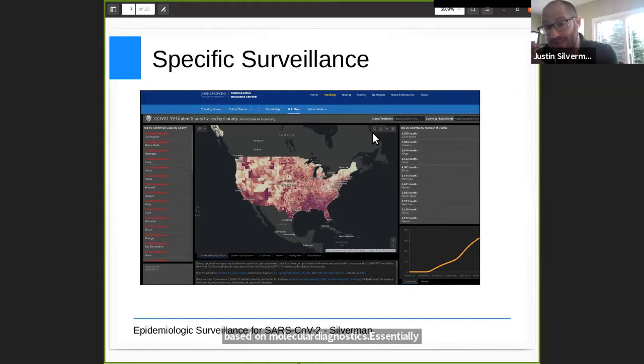This is also quite biased. If you think back to March of 2020, not only was there a shortage of reagents for the test, and the test hadn't been rolled out, a lot of clinical diagnostics labs hadn't developed a CLIA certified assay yet for COVID, but beyond that, there was even a shortage of swabs. Sterile swabs, right? This kind of trivial thing that you wouldn't have thought of, but essentially, it was very hard to get a COVID-19 test or SARS-CoV-2 PCR molecular diagnostic assay unless you were in a hospital.